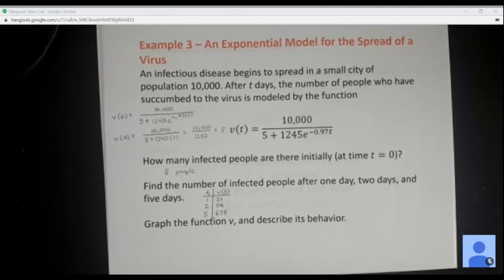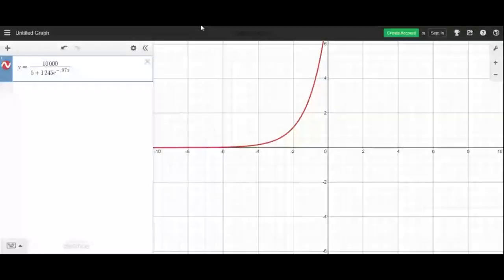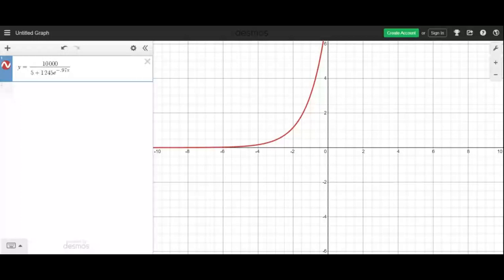Let's share this. All right, so there's what my graph looks like, right? Just in a normal window from negative 10 to 10. So what do you think we might want to do with this graph to maybe see exactly what's happening then?